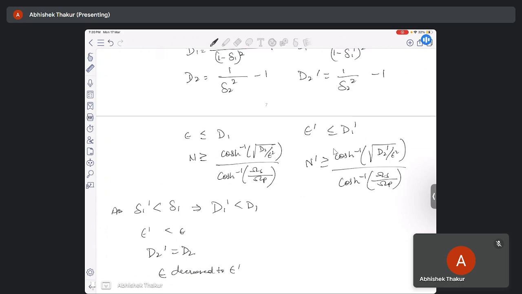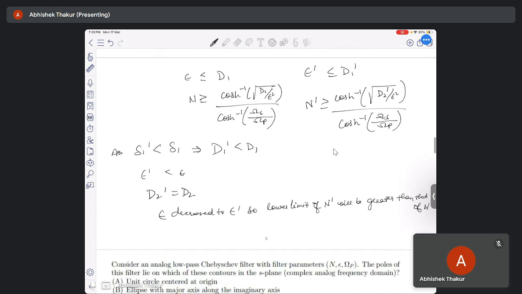So the lower limit on n prime will be greater than that on n. But since n and n prime have to be integers, it is possible that n is equal to n prime if both lower limits have the same ceiling.